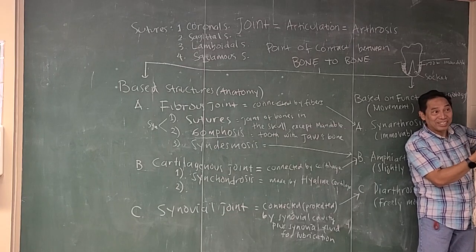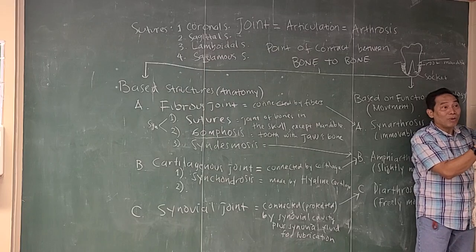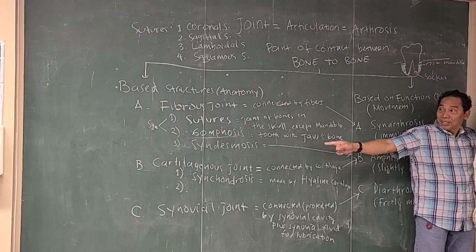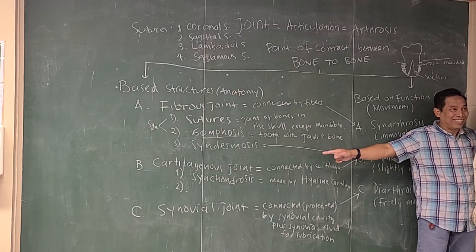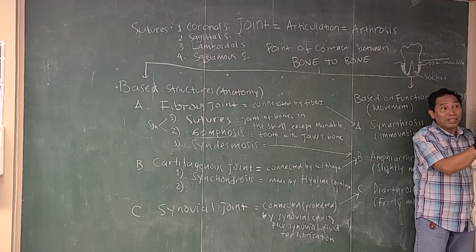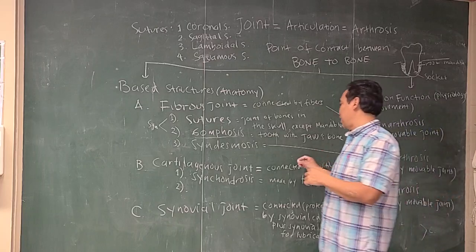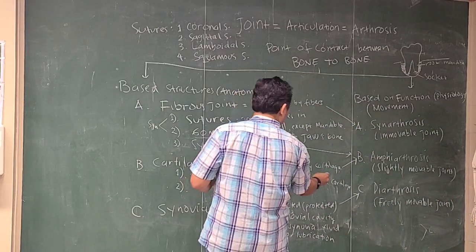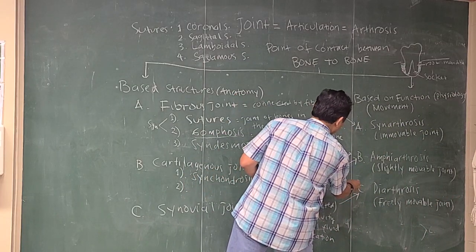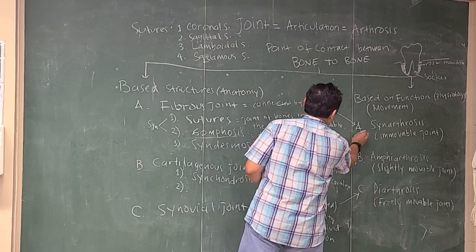This is a type of hyaline cartilage. So this is one example of synchondrosis. Do you think it moves? No, it is immovable.